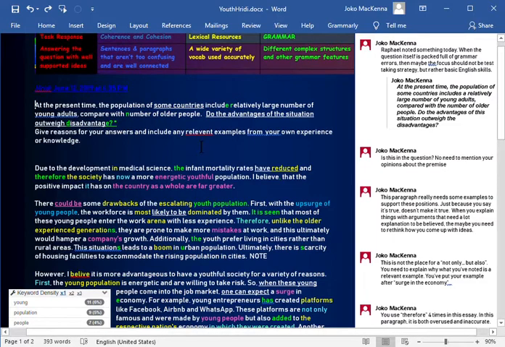Like the population is singular, so therefore includes, and this is a noun, large number, you need a relative, article, non-defining. Do the advantages of the situation outweigh the disadvantages?